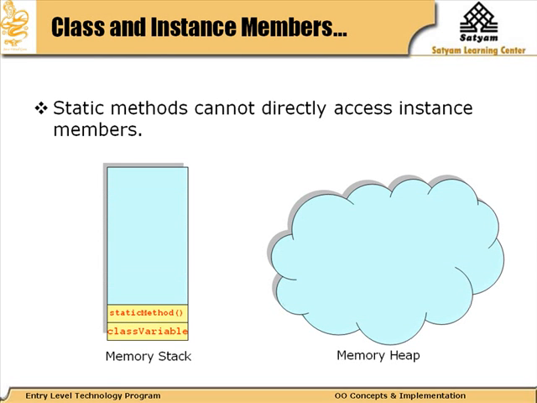Now coming to the static methods, they are created much earlier than the objects. As you can see here, the static members are already loaded into the stack memory, much before the objects were created. And therefore, static members cannot directly access non-static members.